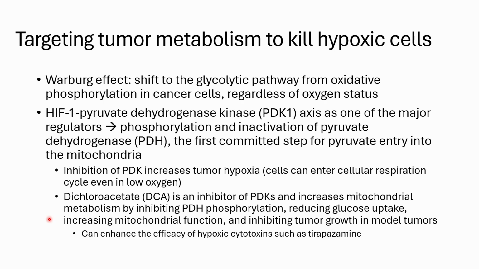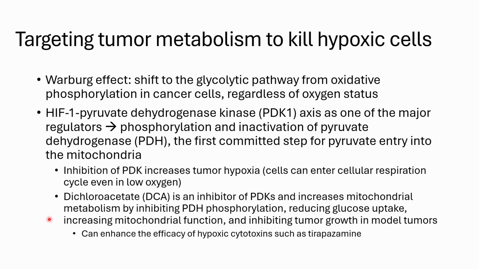So DCA has actually been used in preclinical tumor models and mouse models to increase mitochondrial function, and it reprograms tumor metabolism to be more oxidative like normal tissue. So it's going to stop the shunting of pyruvate into the glycolytic pathway and lactic acid formation, and it's going to shunt it more towards oxidative phosphorylation.